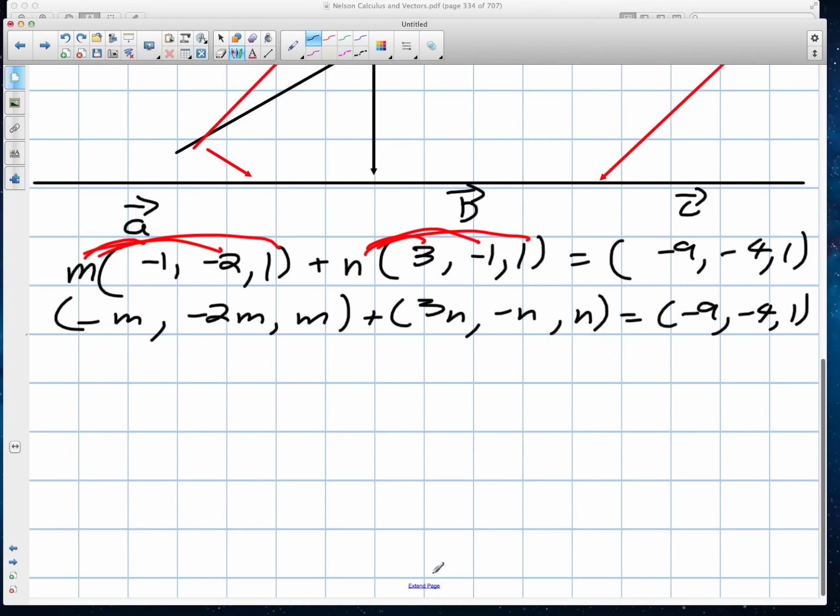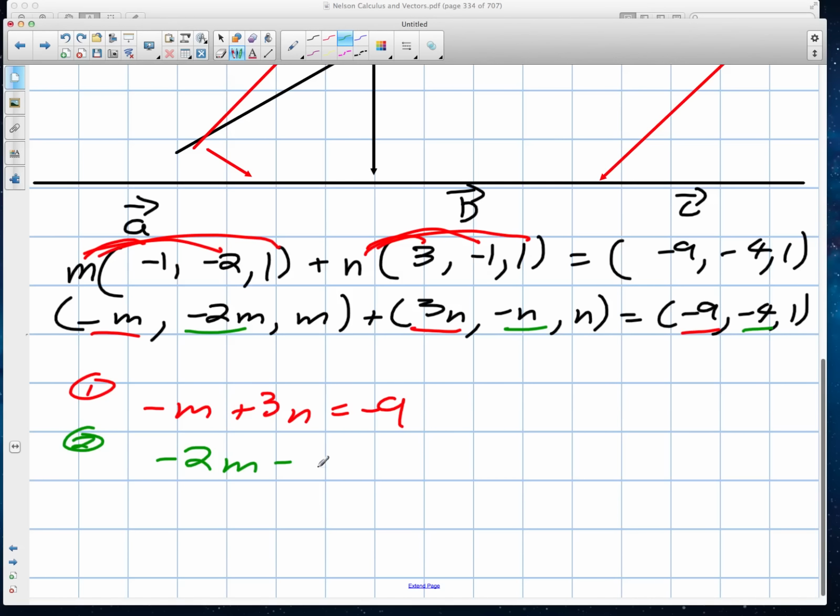We're going to make 3 equations this time because we have 3-dimensional space. Equation 1 is -m plus 3n is equal to -9. Equation 2 is -2m minus n equals -4. And finally, equation 3 is m plus n equals 1. Oh, that's a nice easy one.